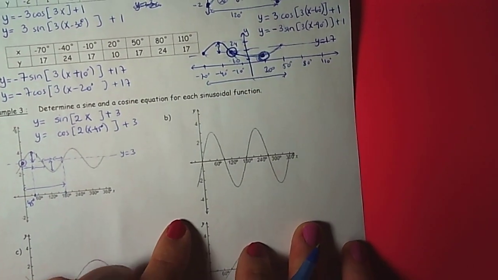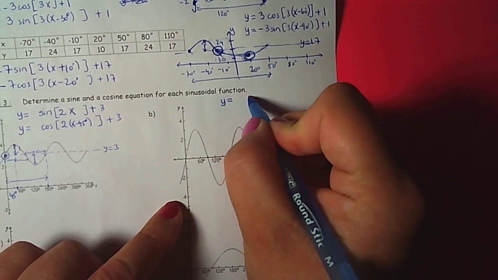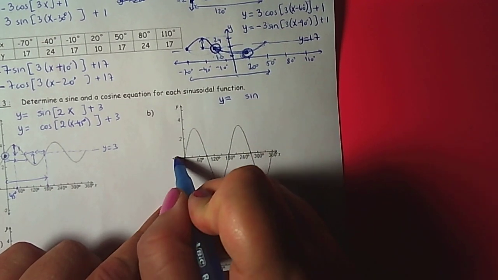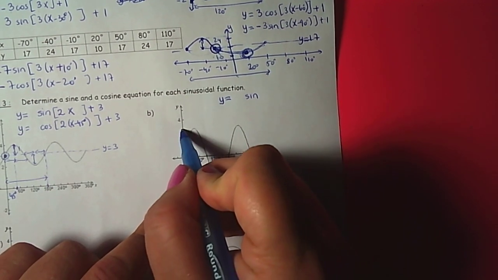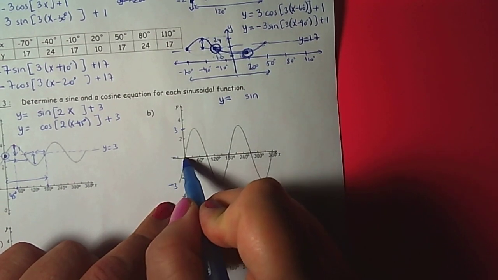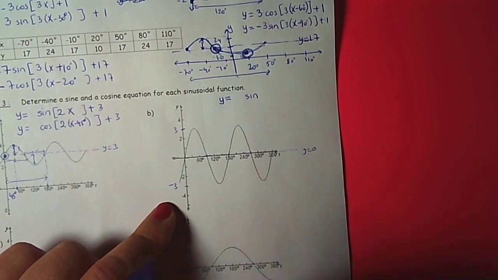Okay. So let's look at the next one. Y equals, again, let's start with the sine function. Amplitude. First you have to look at the equation of axis. In this case, maximum is 3, minimum is negative 3. So then the equation of axis is y equals 0. Okay.